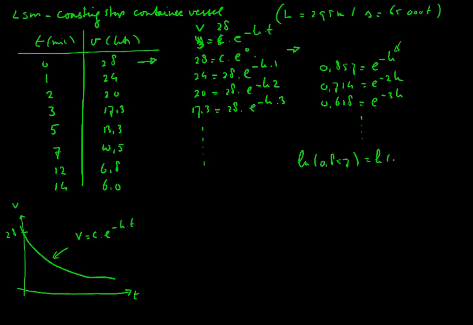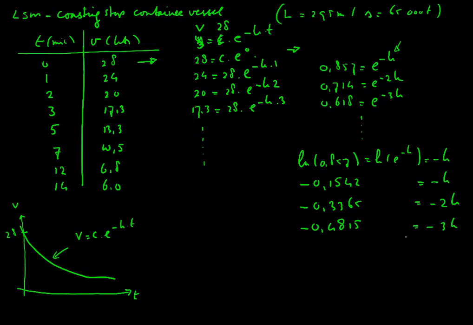Next step is to take the ln left and right, because the k is captured in the e power. To get rid of that, you say, I do the ln of 0.857 equals the ln of e to the minus k, which equals minus k. And the ln of 0.857 is something like minus 0.1542 equals minus k.